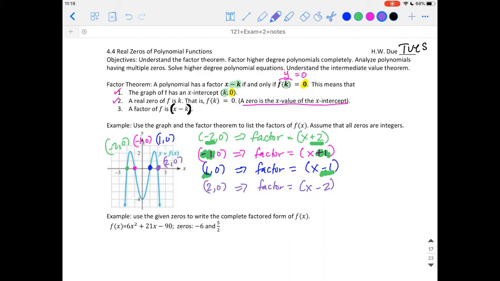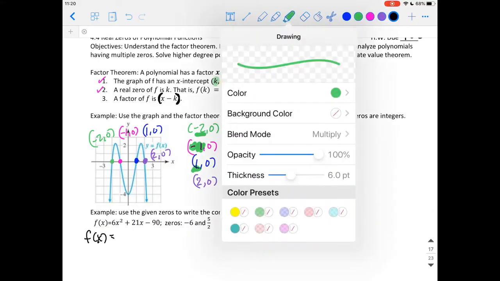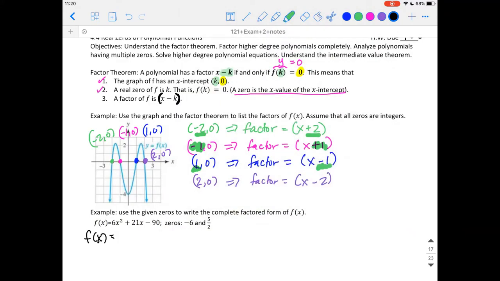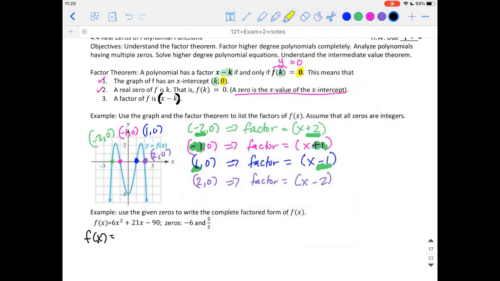Okay, so let me write this down. So here's what's happening. Let me change colors here. So I have f of x, and this 2 right here technically tells me that I have two zeros here.